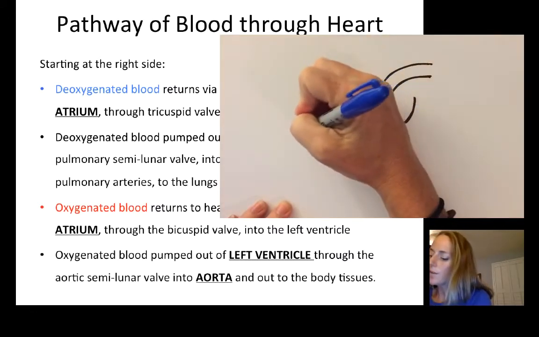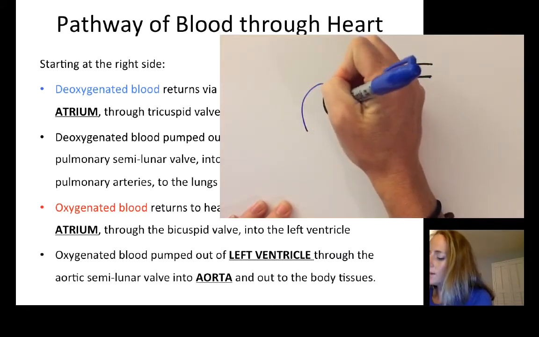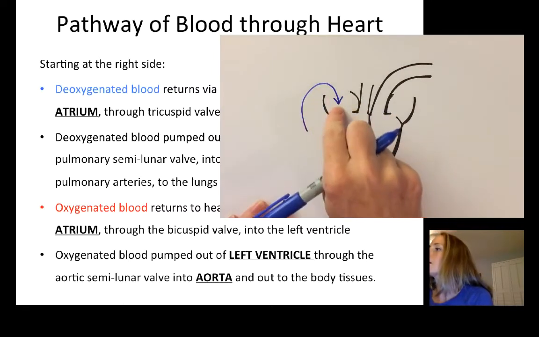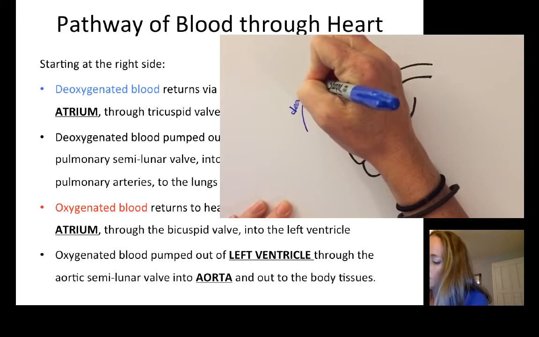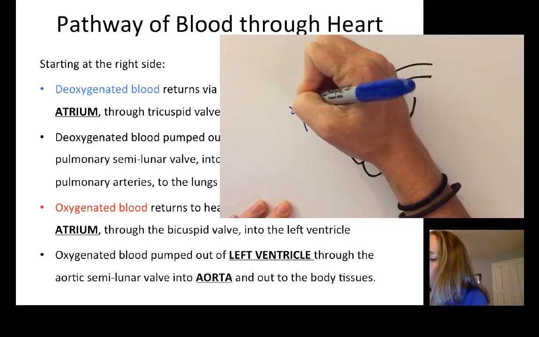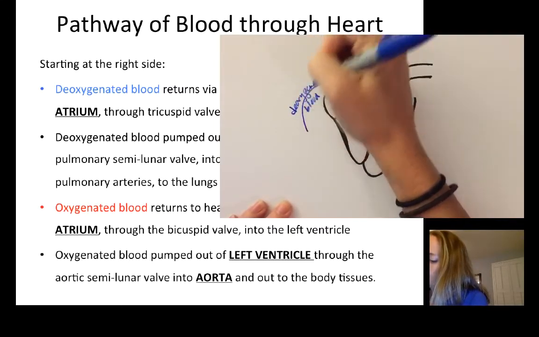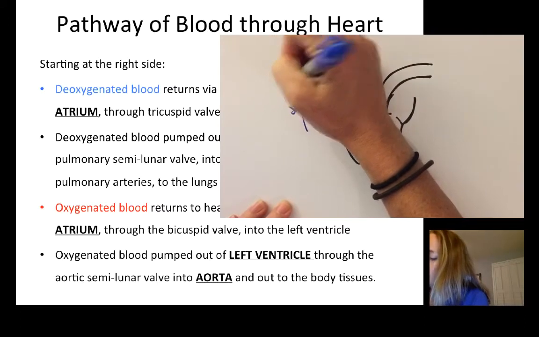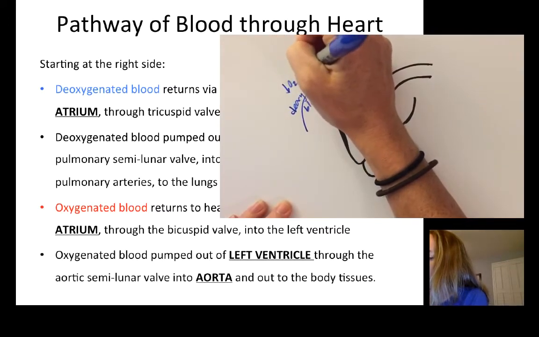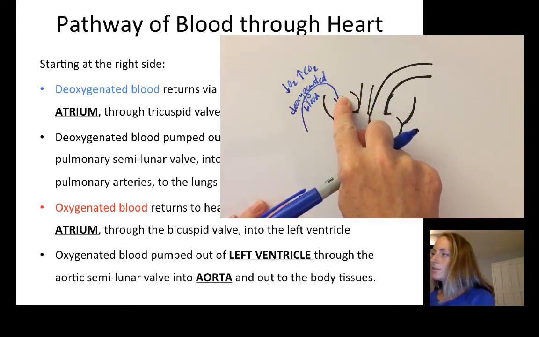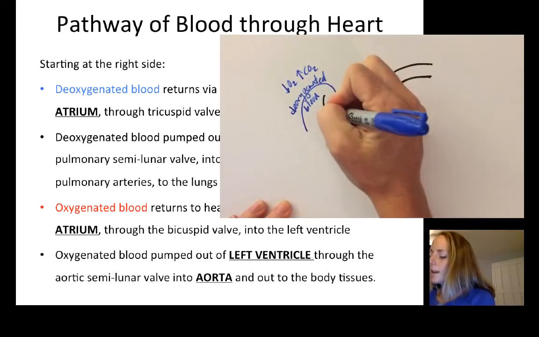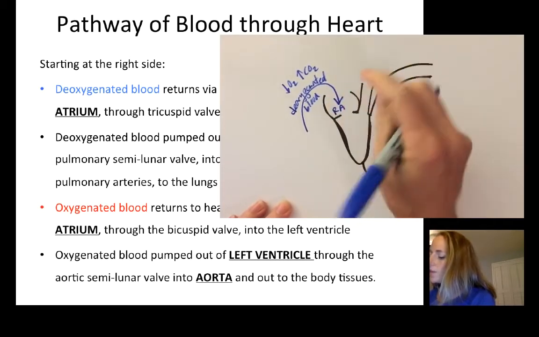So starting with the deoxygenated blood, which I'm going to draw here in blue, so this is deoxygenated or low oxygen blood. So it's low oxygen and high carbon dioxide blood is going to enter into the first chamber of the right side of the heart, which is the right atrium.